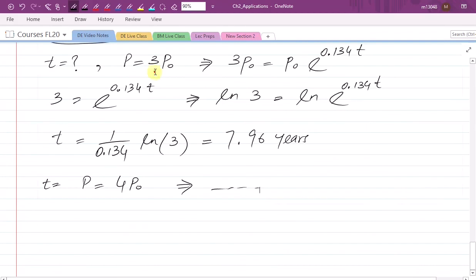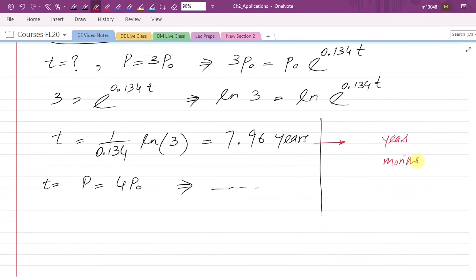Just for fun, can you tell me 7.96 years is how many years and how many months? Is it 7 years and 96 months?